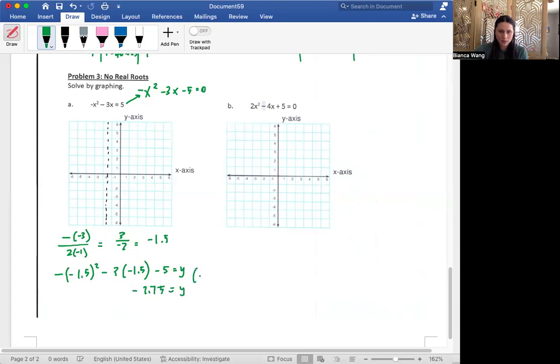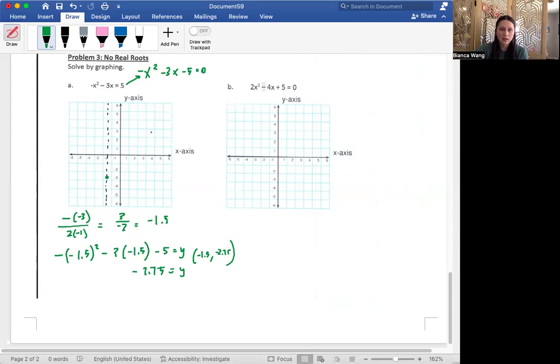So my vertex is at -1.5, -2.75, which is somewhere right here. Close to the -3, but not quite there yet. And then my y-intercept, if I look up at this, tells me it's at -5. I'm going to put a -5 here. And then I'm going to mirror it over. And it's going to be mirrored on the other side.